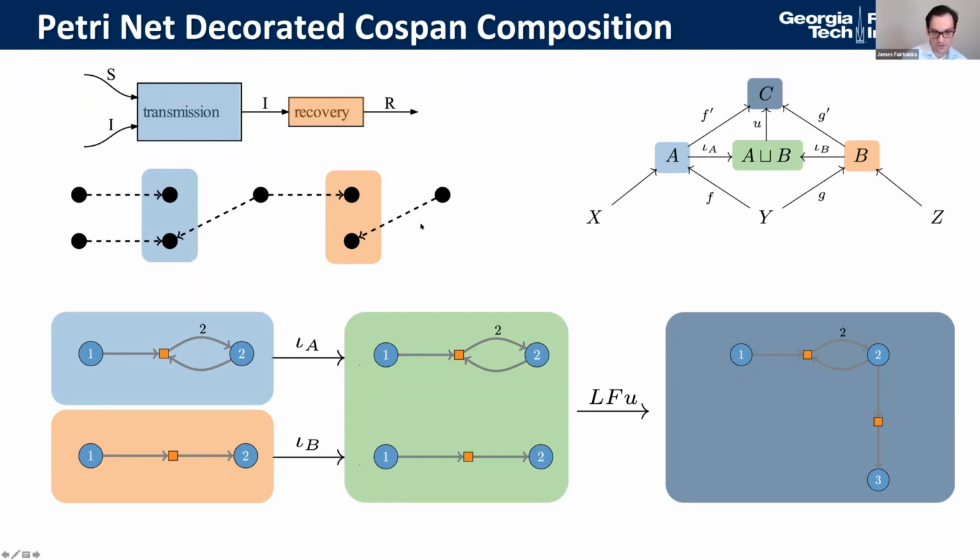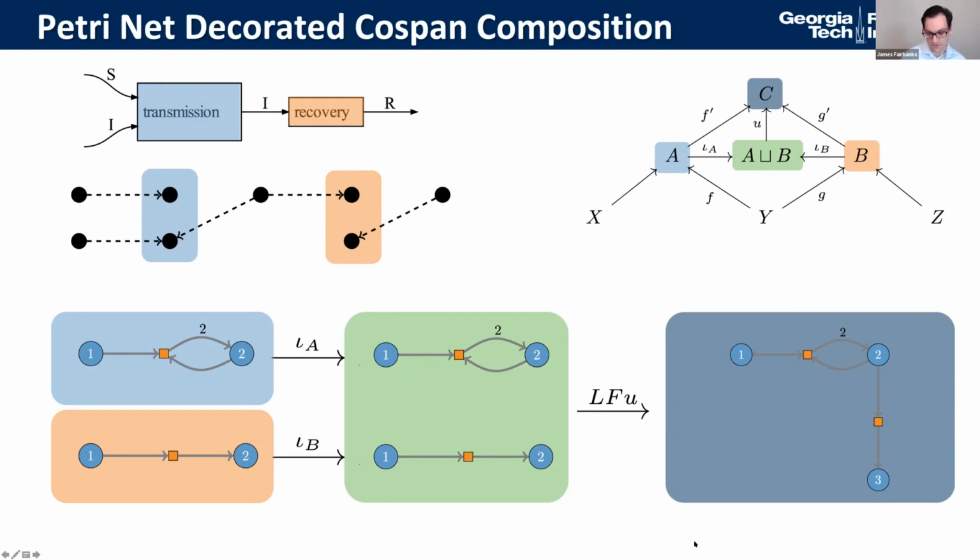And then recovery comes out as the output here. So the way you would compute this decorated cospan composition is embedding, or including, your two systems into the coproduct, and then mapping according to this U to get the combined system.